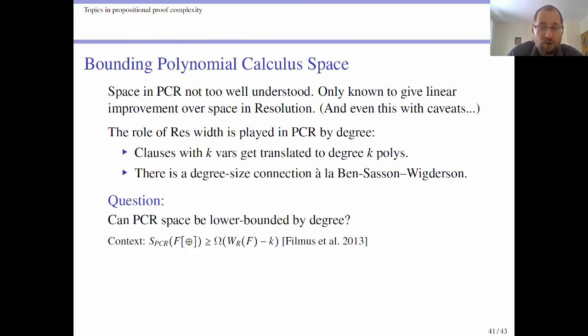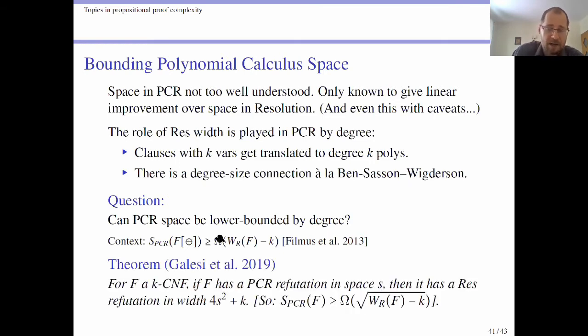So that also made people wonder whether there's some sort of connection between PCR space and even resolution width for one and the same formula, although this didn't suggest it very strongly, because clearly in passing from resolution to PCR, you are making the formula somehow more polynomial-like. So maybe this wasn't all that surprising.